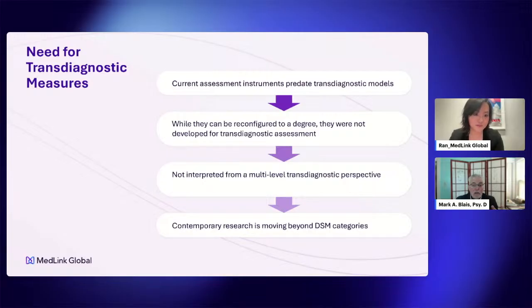And while they can be reconfigured to a certain degree to match the models, as research from my lab has shown, they weren't developed for true transdiagnostic assessment, and they're not interpreted from a multi-level transdiagnostic point of view. Contemporary psychopathology research is moving beyond the DSM categories, and clinical assessment needs to follow that direction.